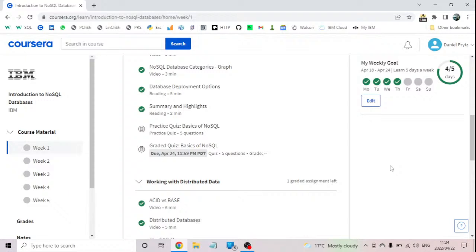Question 3. Describe the differences between ACID and BASE. ACID is for primarily relational databases.